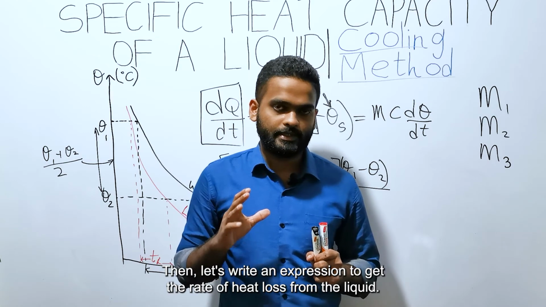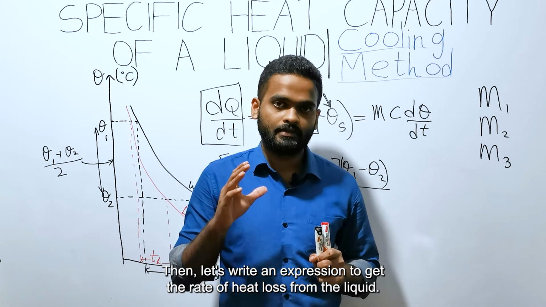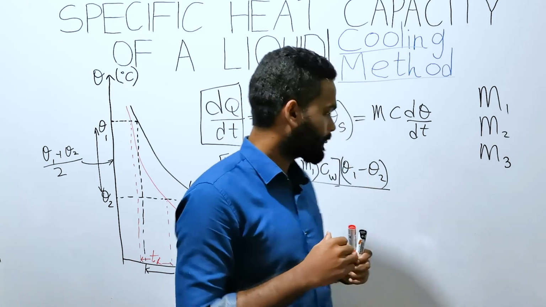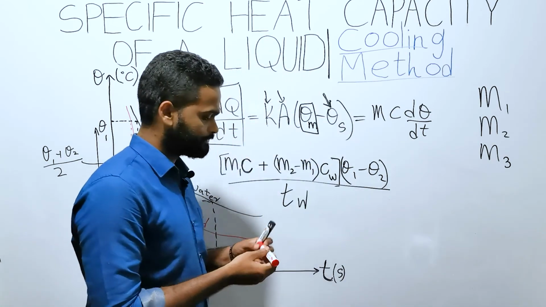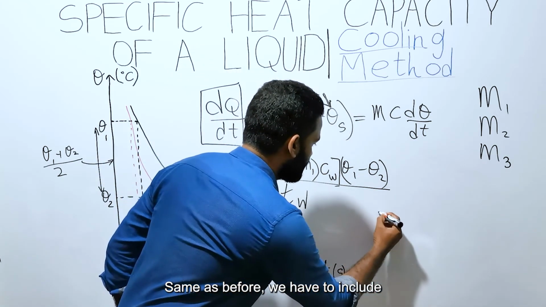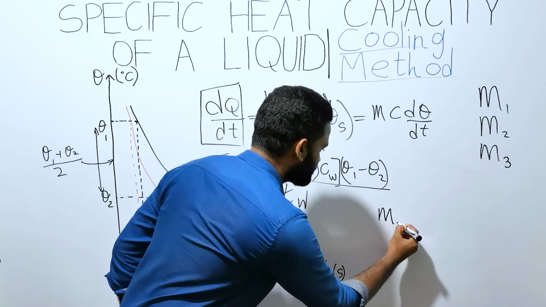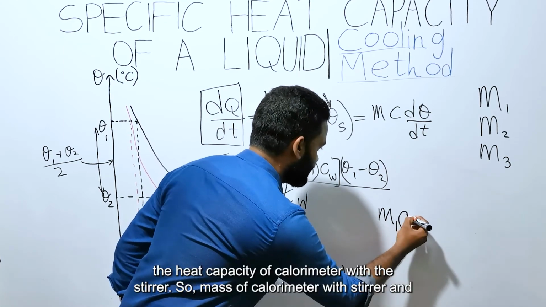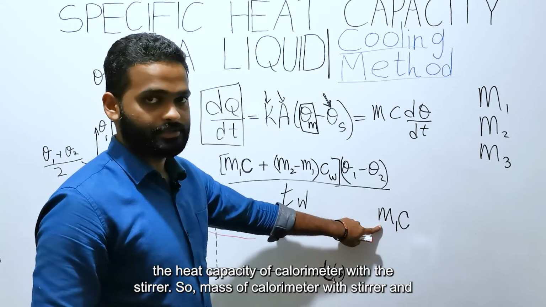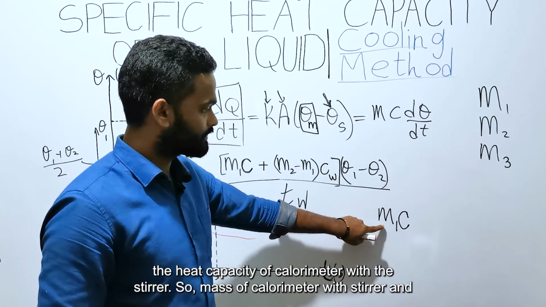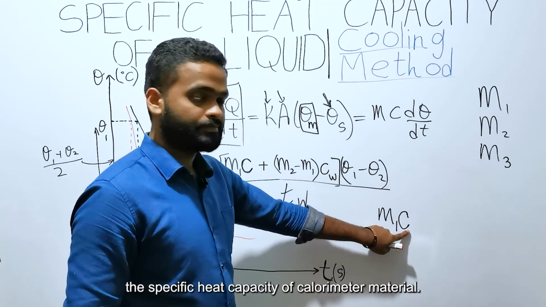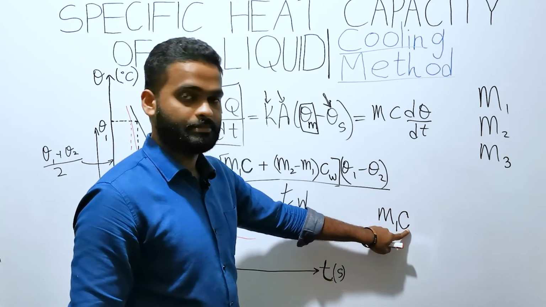Then let's write an expression to get the rate of heat loss from the liquid. So same as before, we have to include the heat capacity of calorimeter with the stirrer. So mass of calorimeter with the stirrer and the specific heat capacity of calorimeter material.